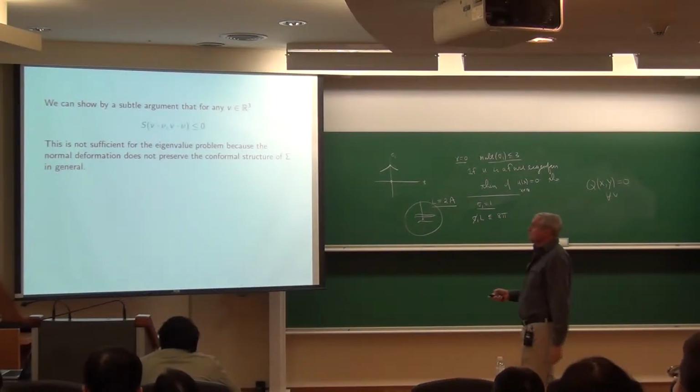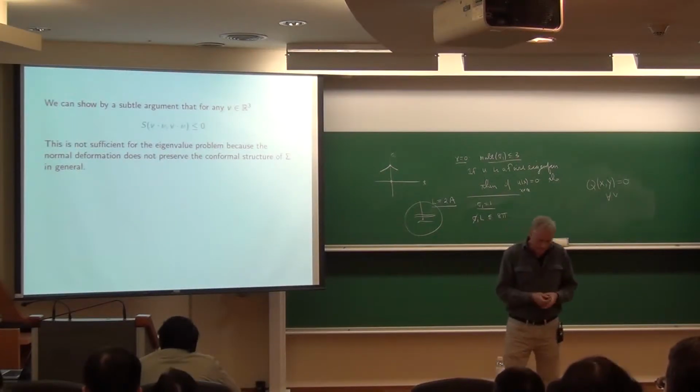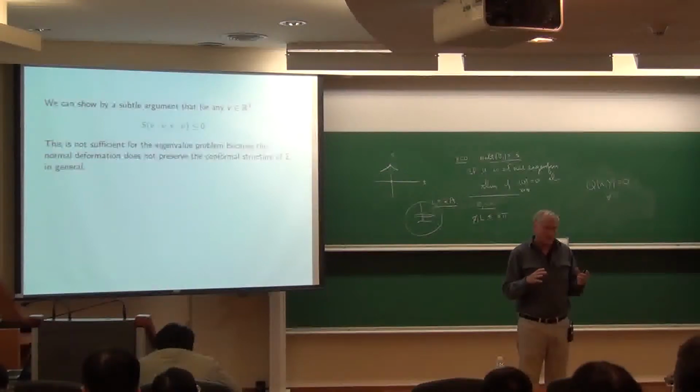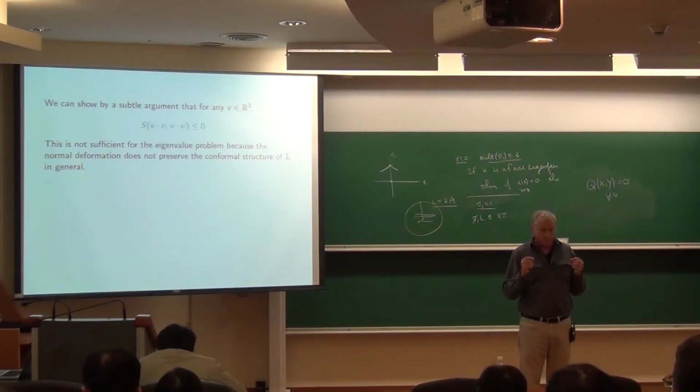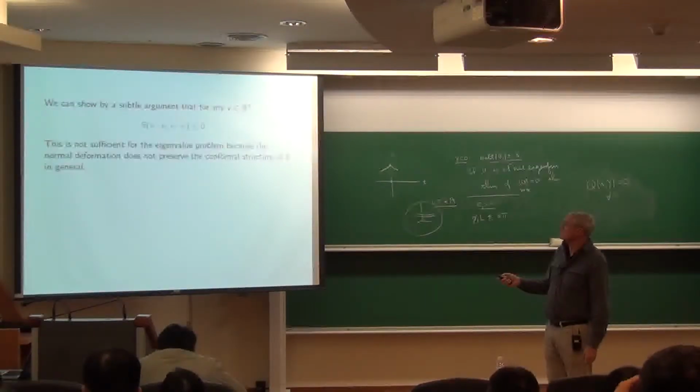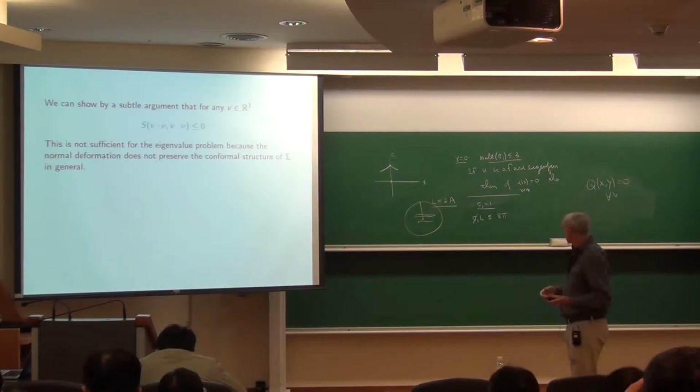It turns out that for S, the second variation of area, there is a natural n-dimensional space, in this case a 3-dimensional space, of variations which reduce the area. These are given by parallel vector fields in R3.